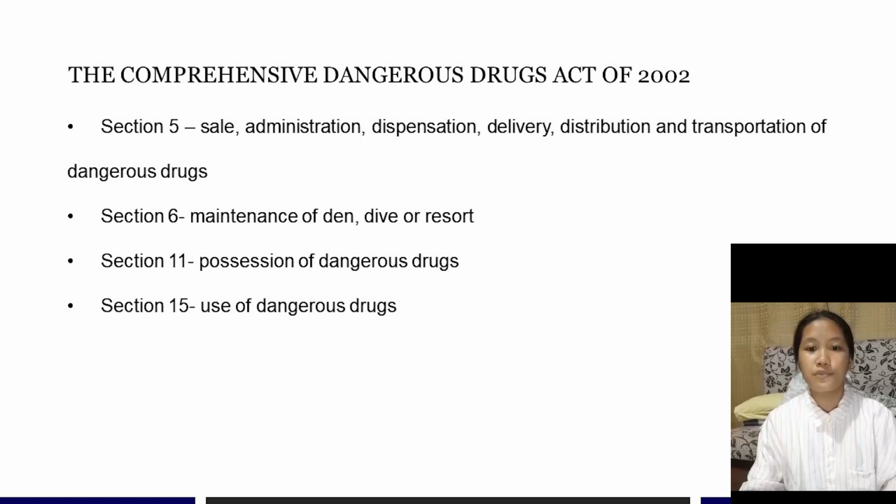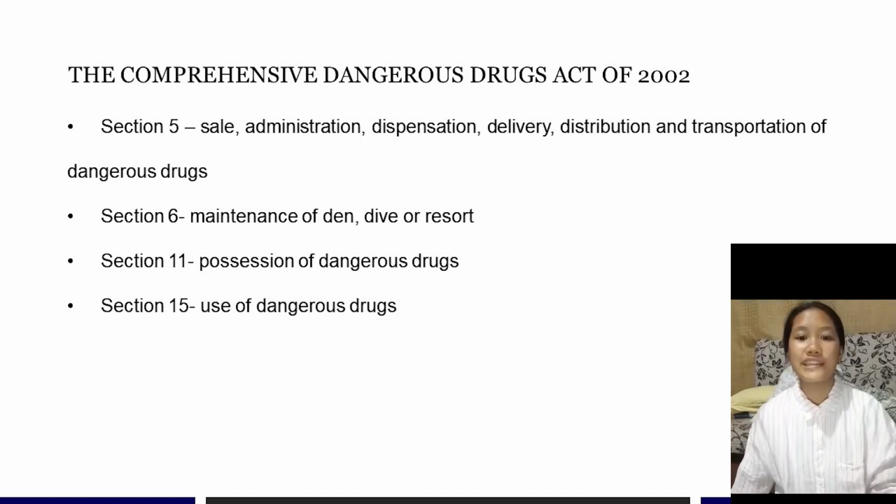The penalty of imprisonment ranging from 12 years and 1 day to 20 years, and a fine ranging from 100,000 pesos to 500,000 pesos shall be imposed upon any person who, unless authorized by law, shall sell, trade, administer, dispense, deliver, give away to another, distribute, dispatch, in transit, or transport any controlled precursor and essential chemical, or shall act as a broker in such transaction.